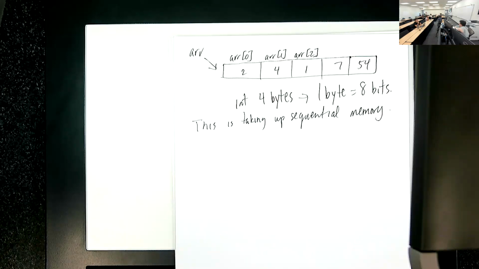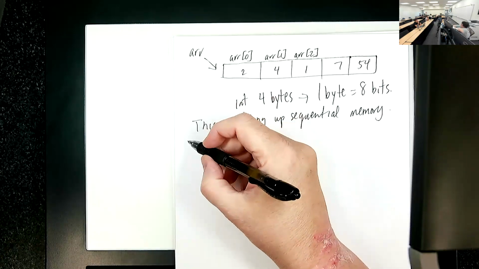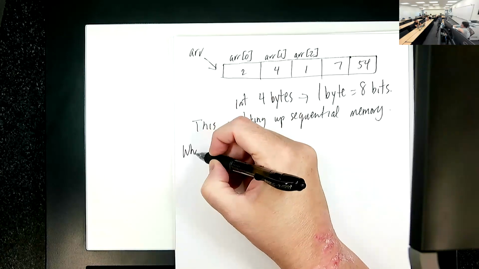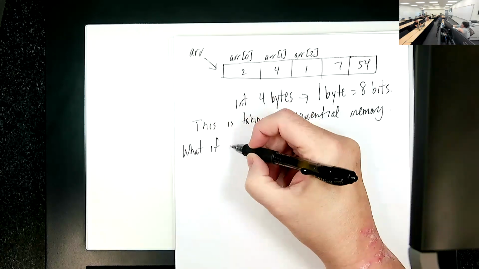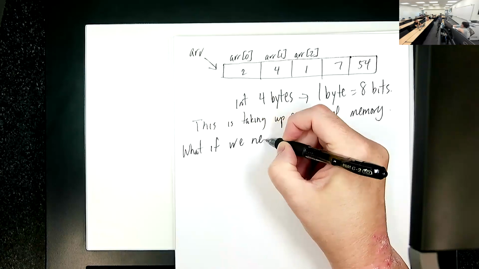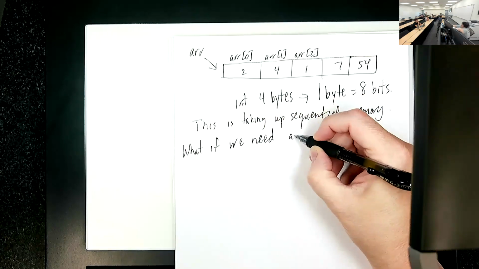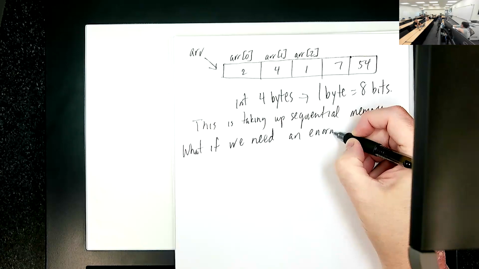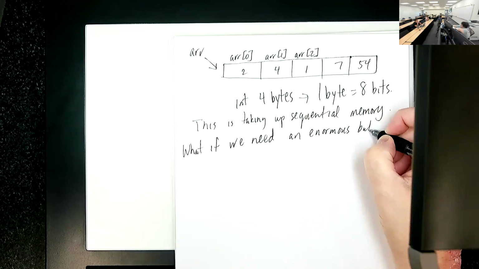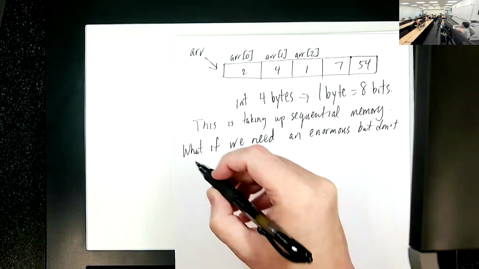That's not a lot of memory. But if it's a big array and it's storing a lot of data, it's taking up a lot, and this could lead to some problems. What if we need an enormous array but don't have any continuous free memory space for it?